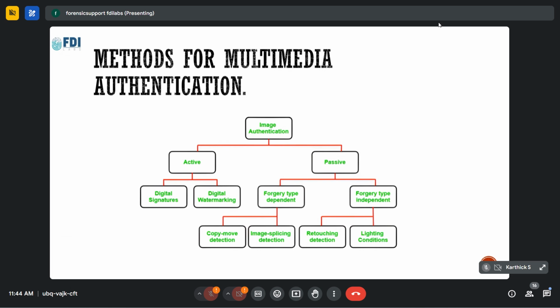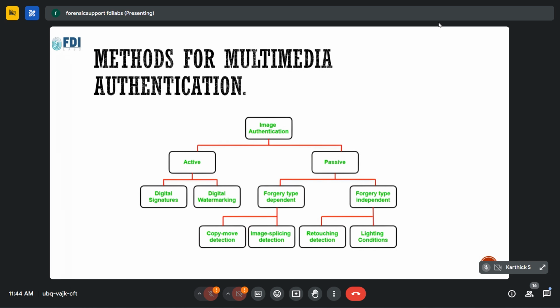Next, we see the passive method of image authentication. This method examines the image itself, the original image itself, for any signs of tampering or manipulation, without relying on any pre-existing data or information in that particular image.